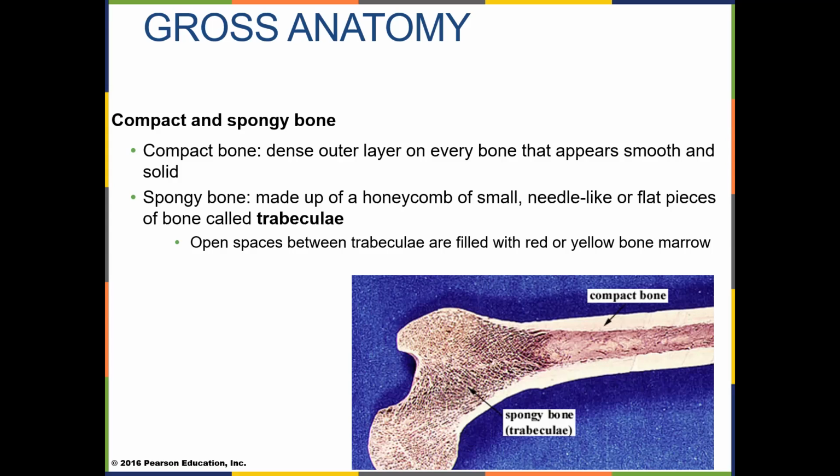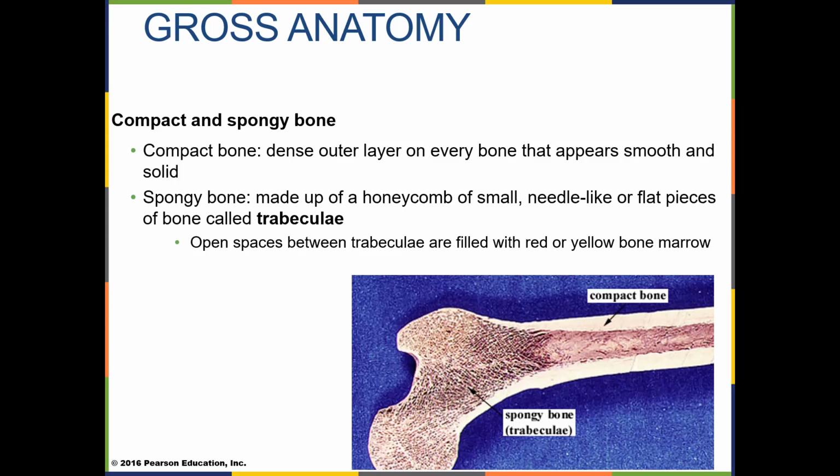It makes the bone look smooth and solid. It's where muscles attach. Muscles will always attach to the compact bone. It's very strong. Underneath the compact bone is what's called spongy bone.